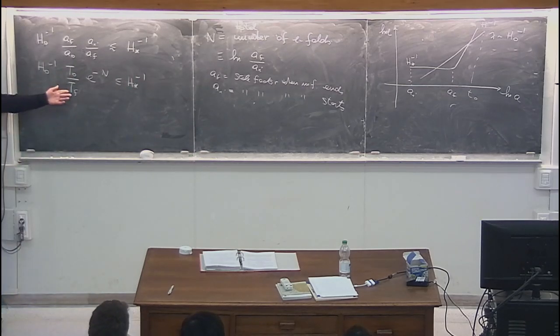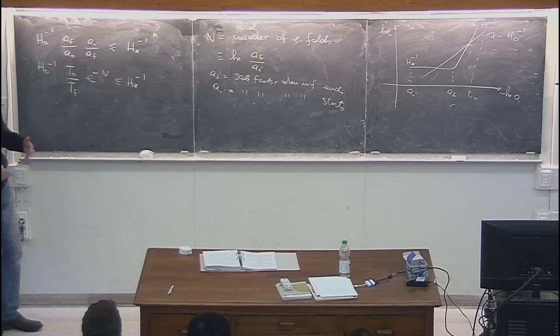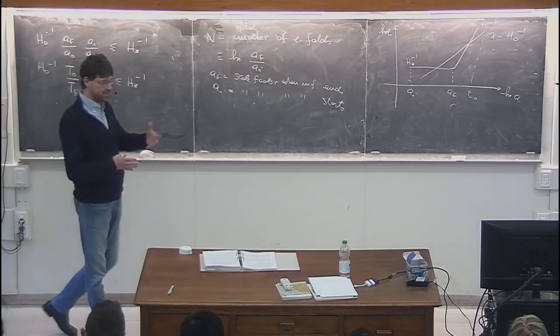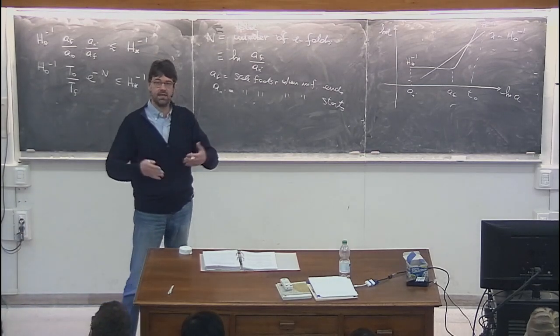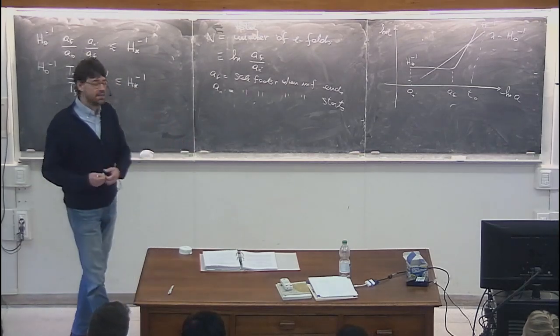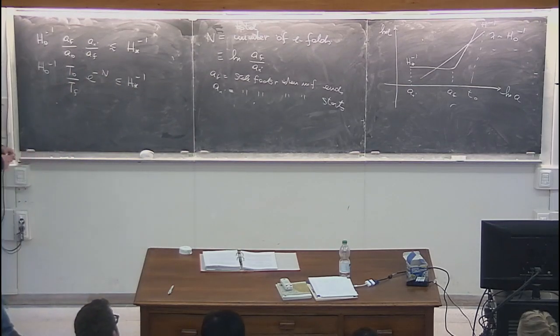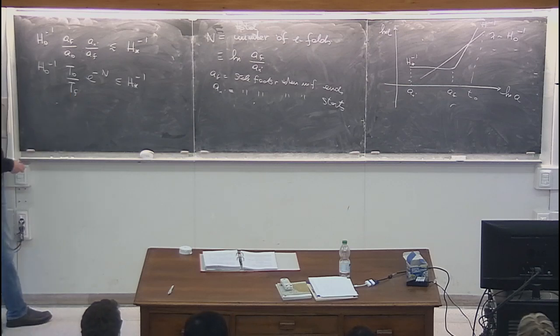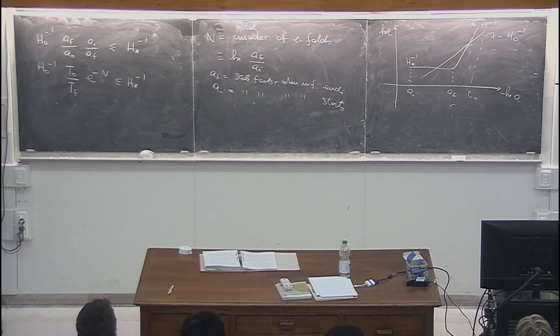Now, T_F is the temperature that the universe has after inflation, because of course at some point inflation will end and the radiation phase will start. We will discuss that in the following, but let me just define T_F as the starting temperature the radiation phase has when the radiation era begins.